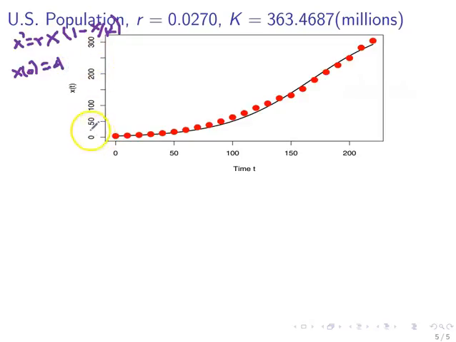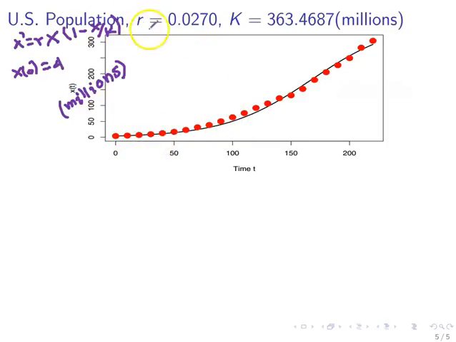The scale on the vertical axis is in millions of individuals. This is the size of the population of the United States versus time, in time steps of 10 years. The points depicted here are observations, or estimates, of the population of the United States every 10 years.